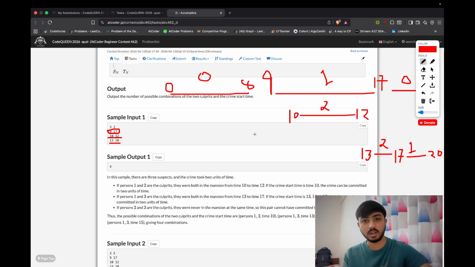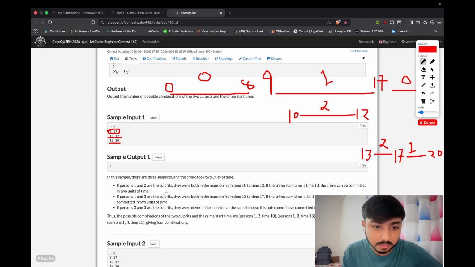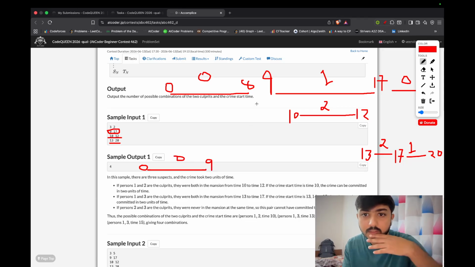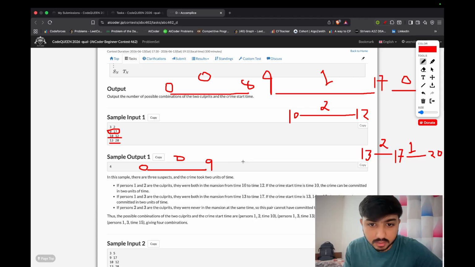So how many intervals do we have? Wait, let me write here. From 0 to 9, everything is 0, and 9 to 10 it's 1.